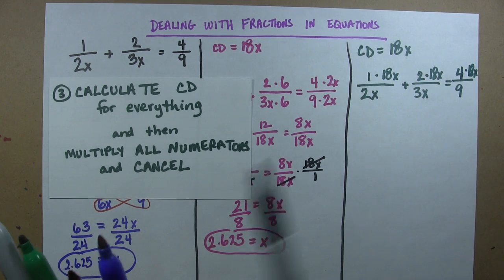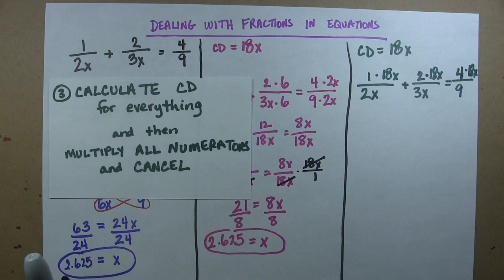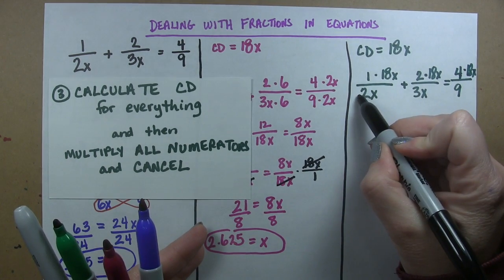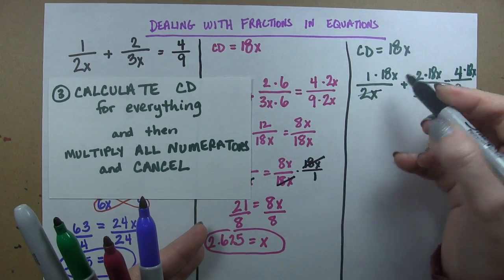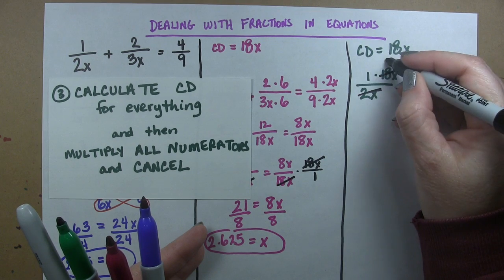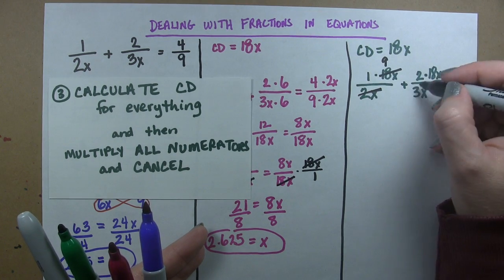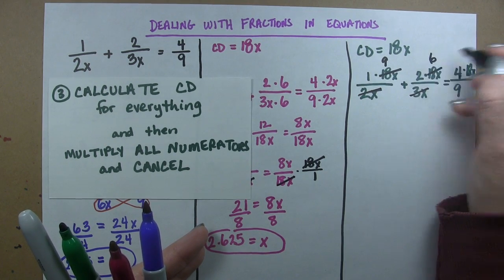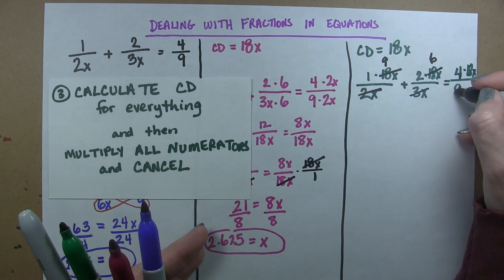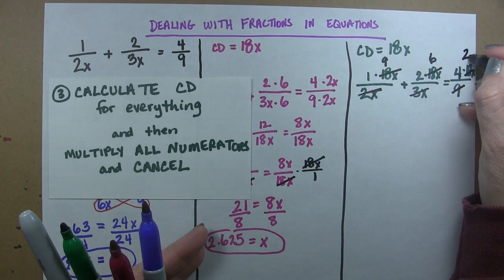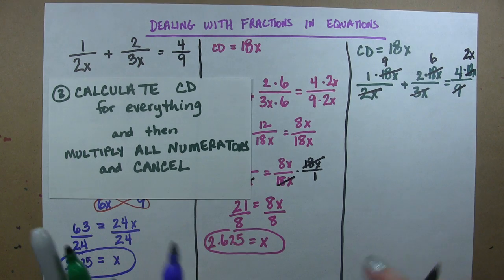So I can say, well, 2x can go into 18x 9 times. 3x can go into 18x 6 times. And 9 can go into 18x 2x times.